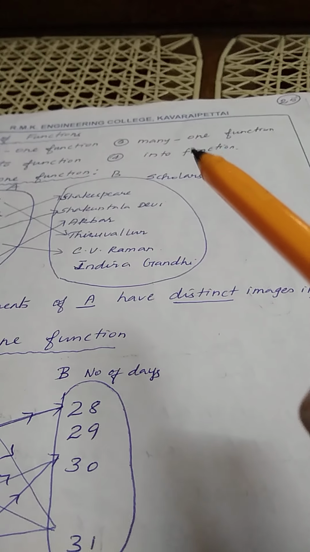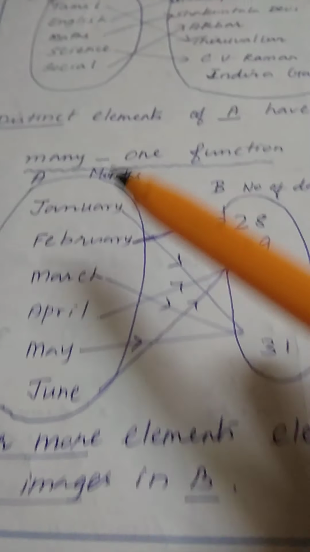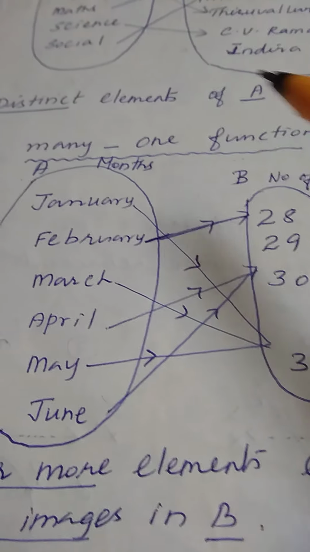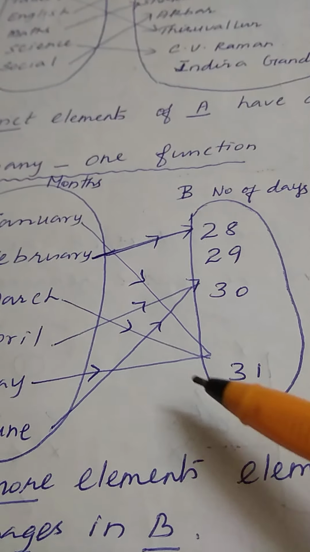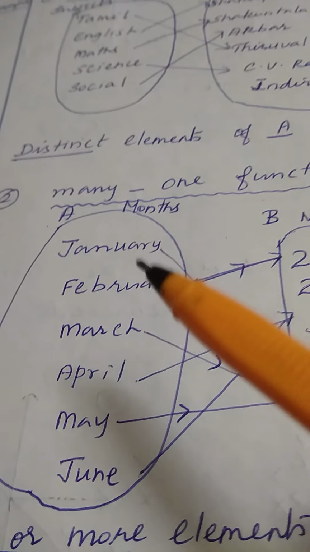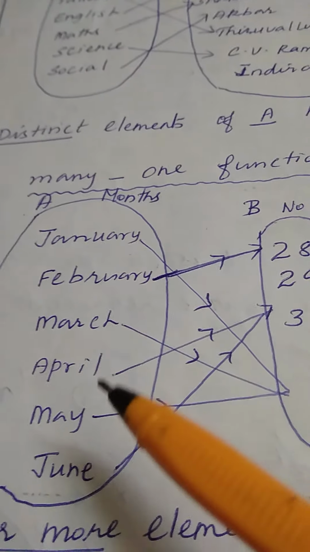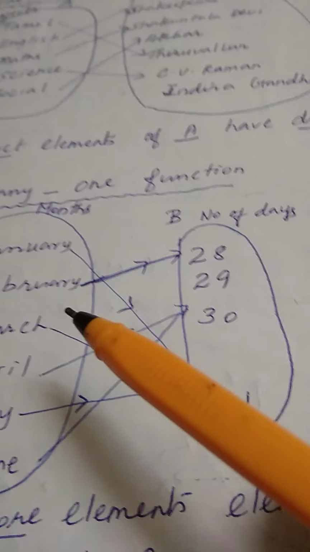Second one is many-to-one function. We will take one more example. We will name the months in the first set A, and the number of days in the month we will take in B. January, February, March, April, May, June: up to 6 months we have taken.